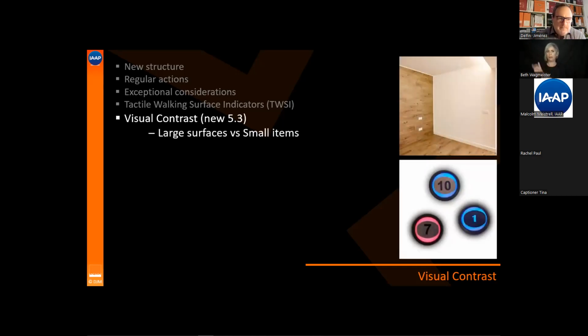First one, the difference between large surfaces and small items. Because the need for visual contrast between a wall and the floor is not the same as in an elevator control panel, for instance. And then there are different considerations.